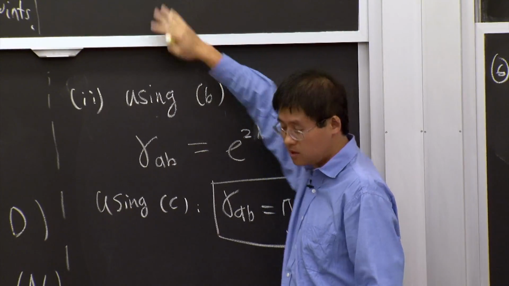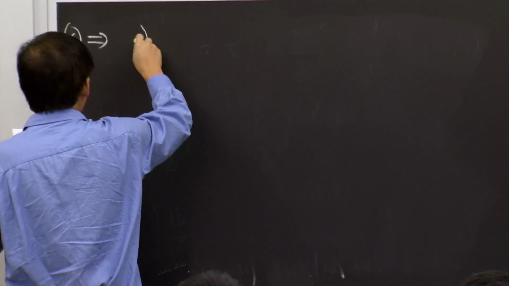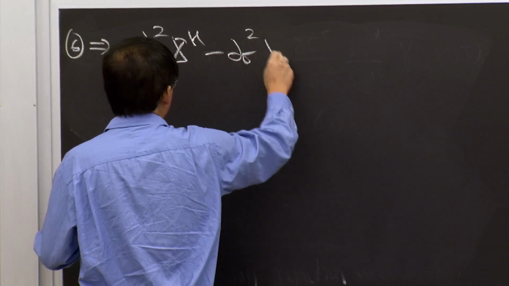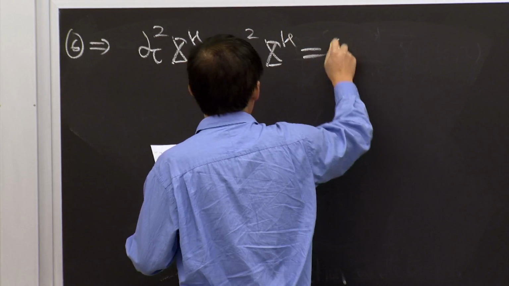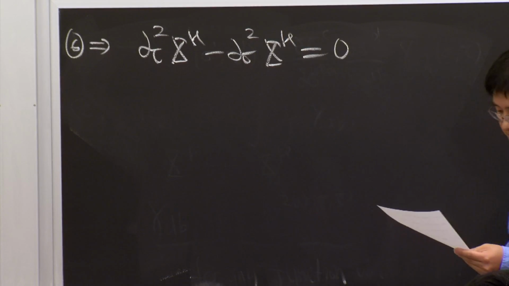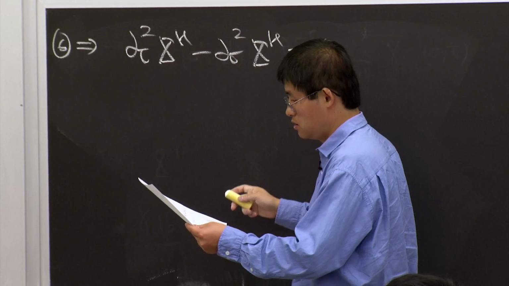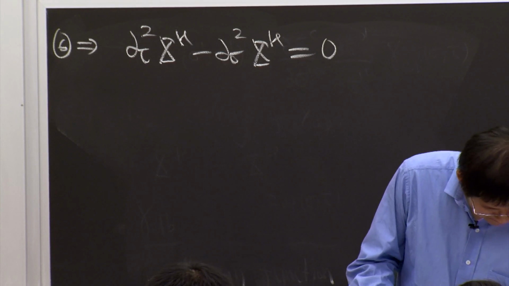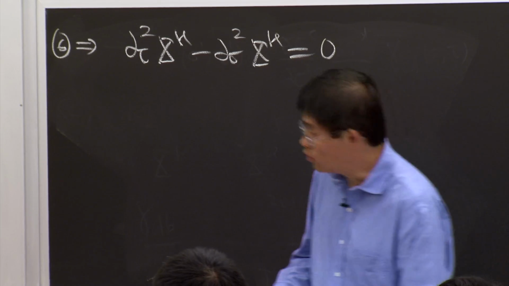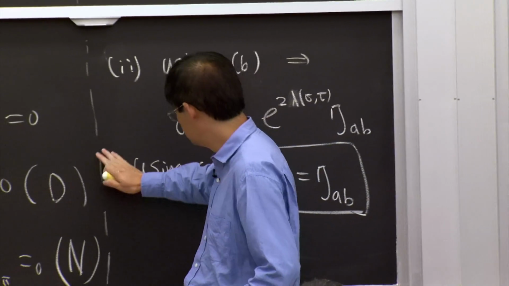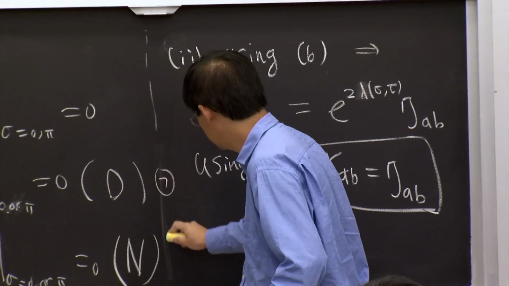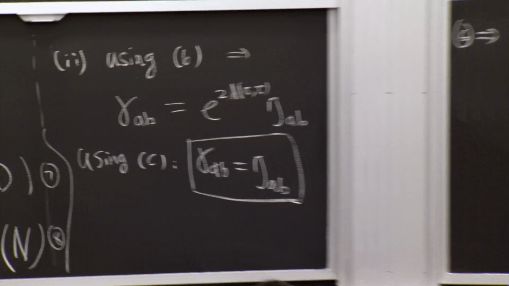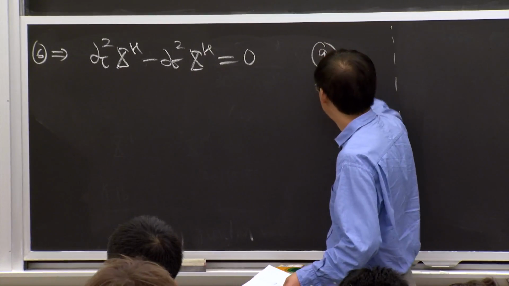So this you can write explicitly. This is a free scalar field. Let me call this 7, this one 8, just to be consistent with my notes. Then I call this 9.